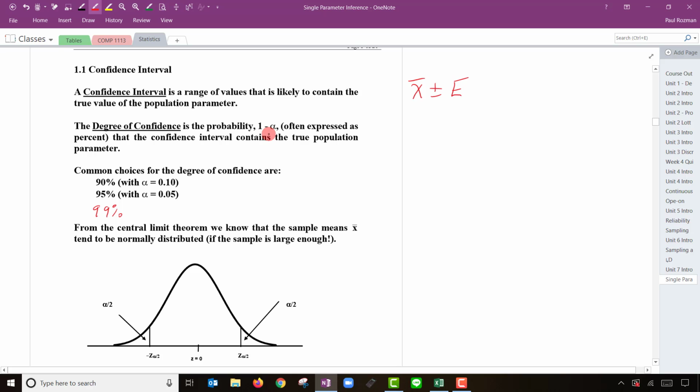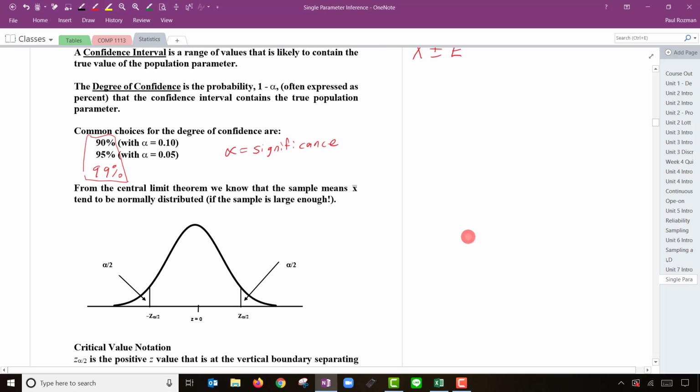And then we have the opposite, alpha, that's called the significance. But in confidence intervals, we think more positively. We're 99% confident that our interval contains the population parameter. So say I'm 95% sure that the mean of the whole population is within some range, and that range will be based on the mean of some sample data that I collected.